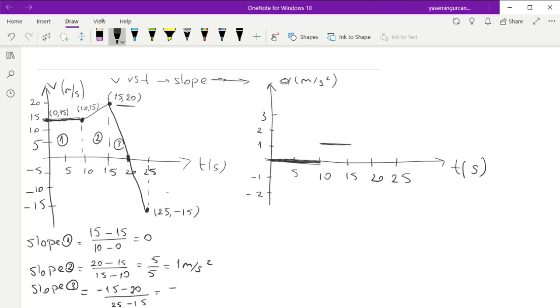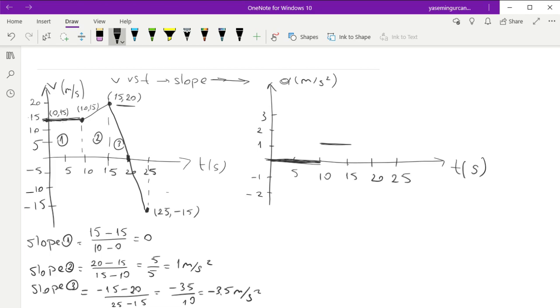So you get minus 35 divided by 10. Therefore, you get minus 3.5 meters per second squared. So your third region has an acceleration of minus 3.5.